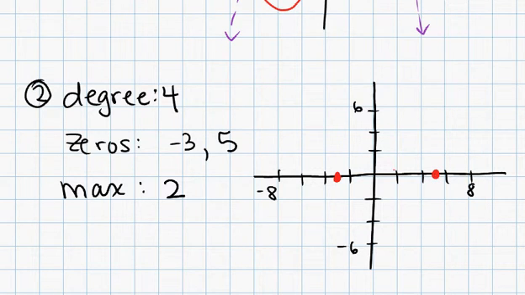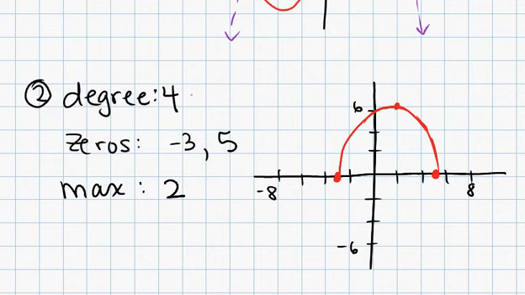If there's a maximum at 2, that means between -3 and 5, we have to put an upside down parabola. So 2 needs to be somewhere, it doesn't matter where, but it has to have an upside down parabola looking shape. But you need to connect to these other ones.